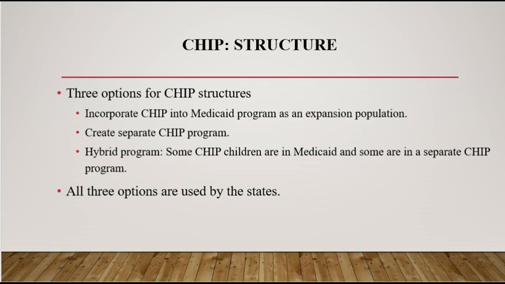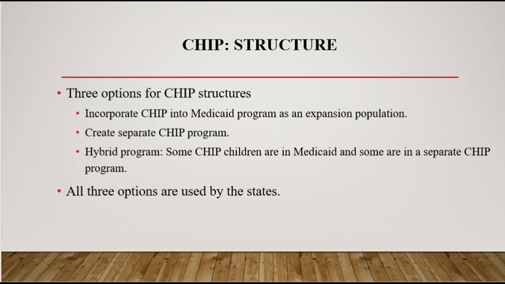The second option is that states may create an entirely separate CHIP program. And then the third option is that states may create a hybrid program with lower income children as part of Medicaid and higher income children in a separate CHIP program. And all 3 options are actually used by the states.